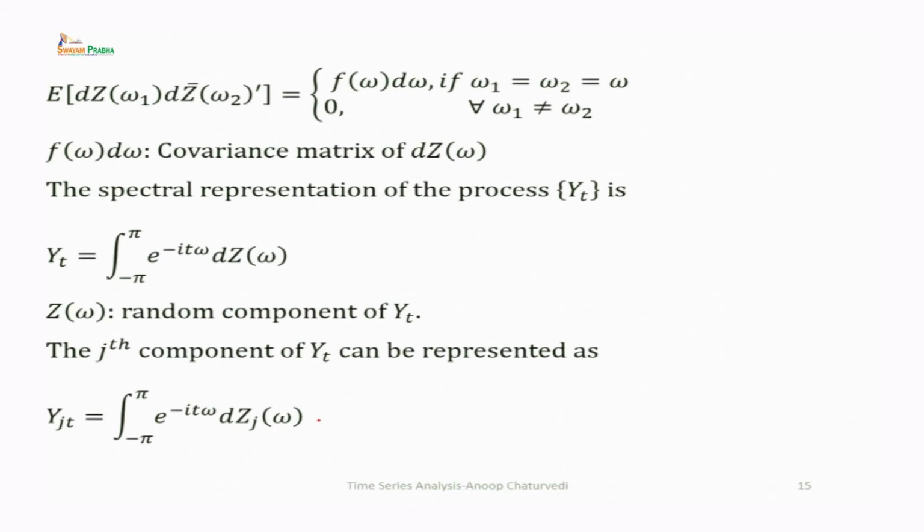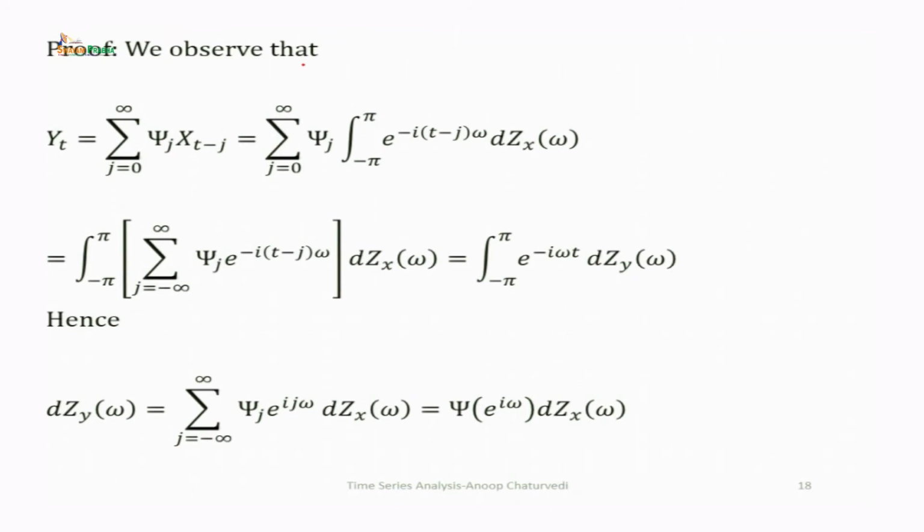To prove this result, we observe that y t is equal to summation over j psi j x t minus j, and then we write x t minus j as its spectral representation. So, this is equal to psi j integral e to the minus I t minus j omega d z x omega. And then we interchange the summation and integral sign, taking the integral outside and the summation inside. So, you get summation psi j e to the minus I t minus j omega d z x omega.